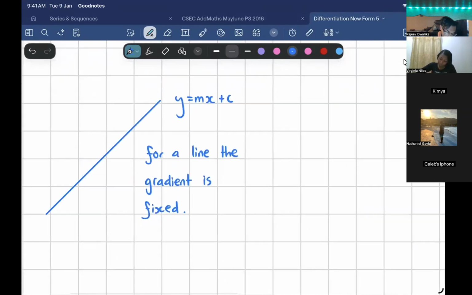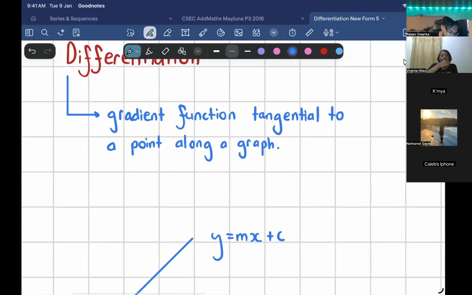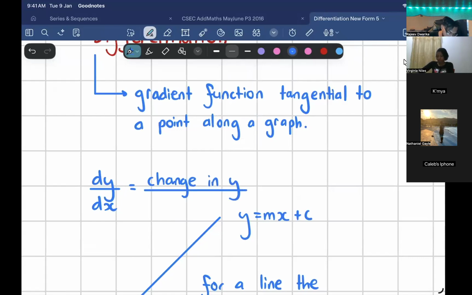So in other words, and I should probably explain this, typically you'll see dy over dx. Now, dy means a change in y with respect to x. I want you to understand that dy/dx really means change in y over change in x, which we know to be the what?